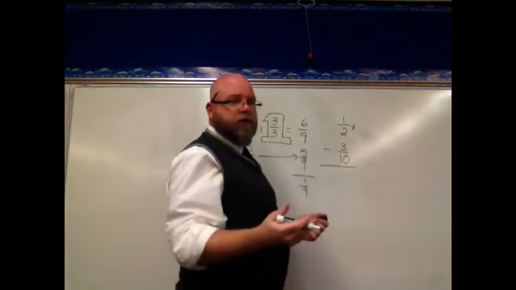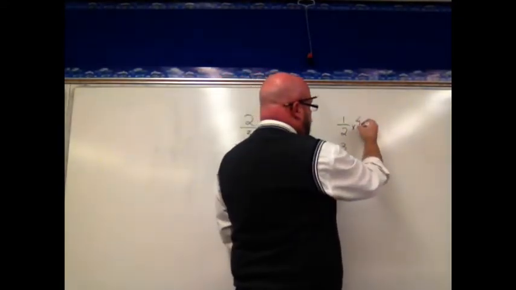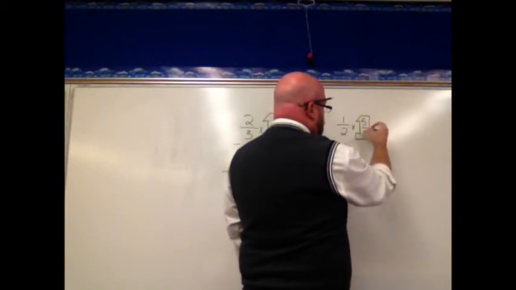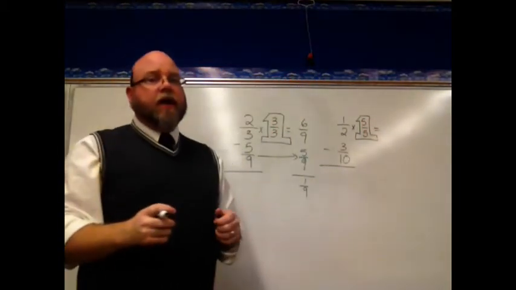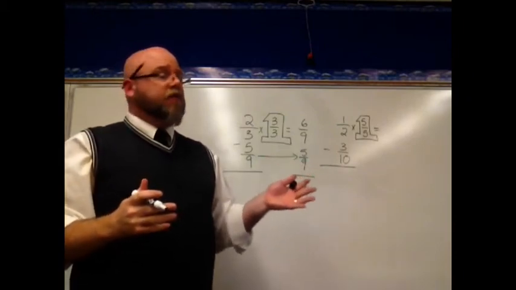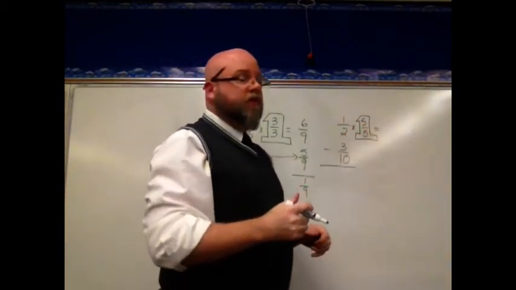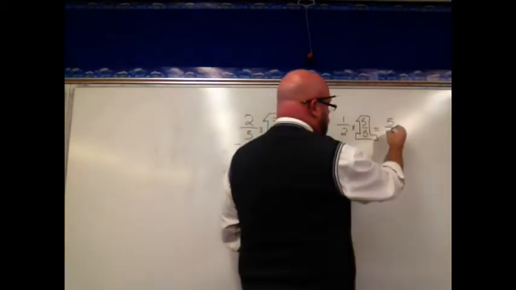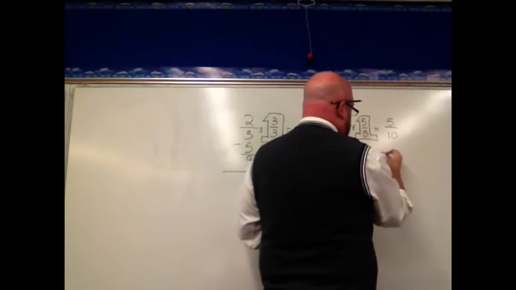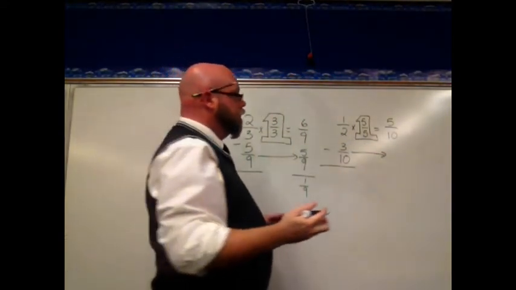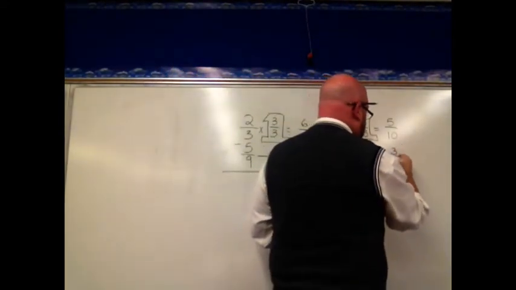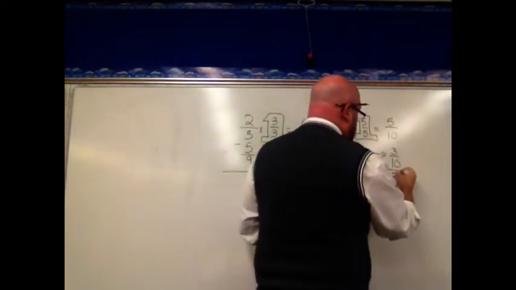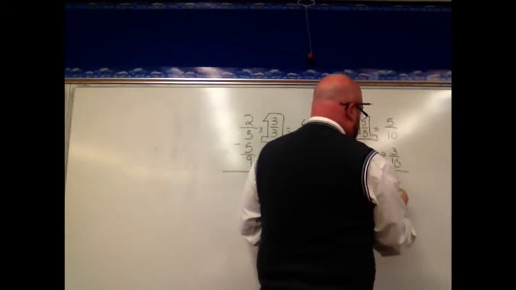Well, when I count by 2s, I count by 2s 5 times to get to 10, so I'm going to multiply by a fraction equal to 1, 5 over 5. 1 times 5 is 5. 2 times 5 is 10. And bring my 3/10 over. 5 minus 3 is 2. My tenths stay the same. 2/10.